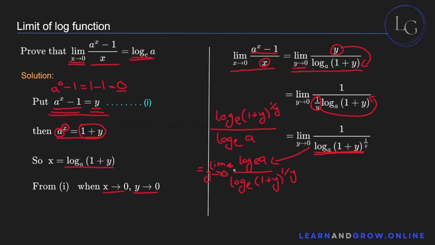Now when you apply the limit on the numerator, it's unaffected because there is no y term in the numerator, right? It's just the natural log of a. In the denominator, when you apply it, it becomes 1, right? So eventually you're just left with the natural log of a, and that's what you had to prove. But why does the denominator become 1?